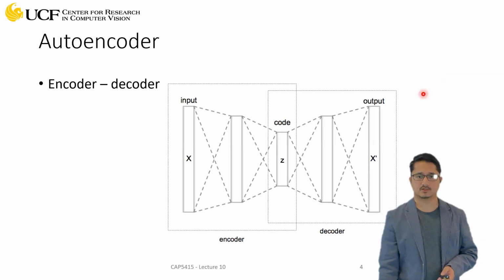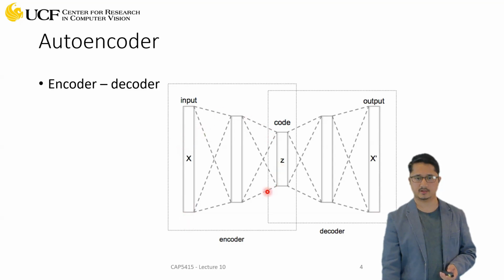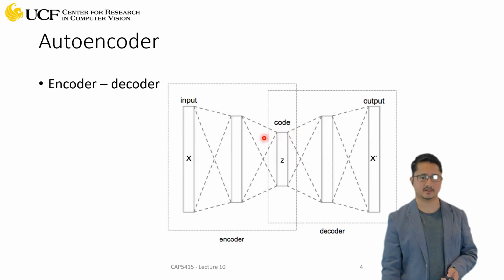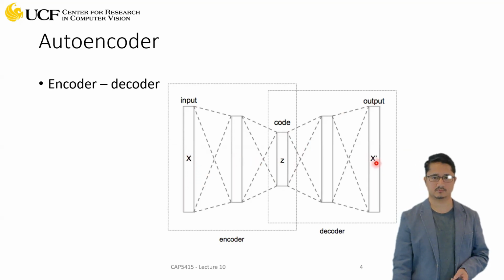So the basic structure looks something like this. You have this input data. In this case, it could be some feature vector, images, or a video. You have your encoder head, which takes this as input and compresses that input to a very small dimensionality space. That is called the code. Then you use that code to reconstruct the same input, which is shown as x prime here.